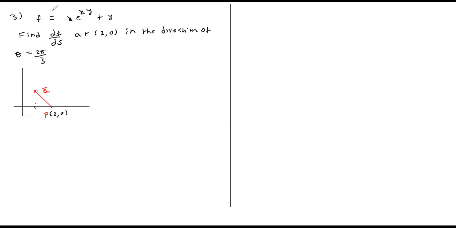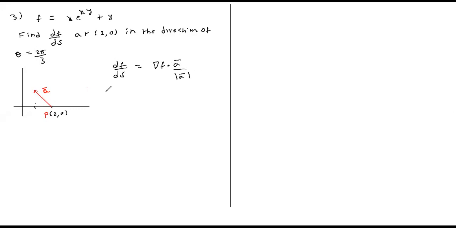The scalar function is given, but the only thing you want is the vector which gives the direction. So what is the formula for df by ds? df by ds is equal to del f dot a bar by mod a bar.